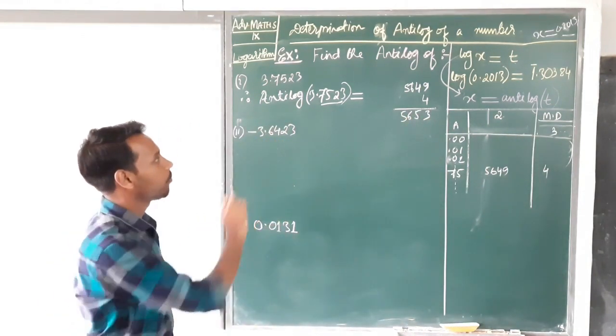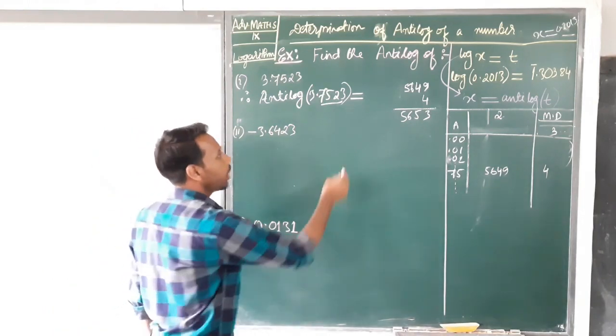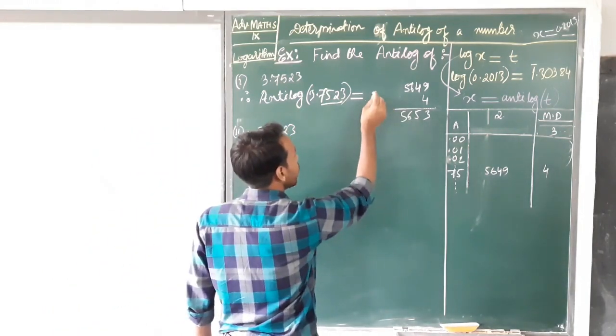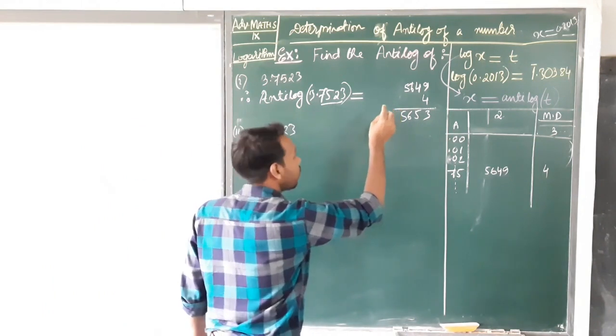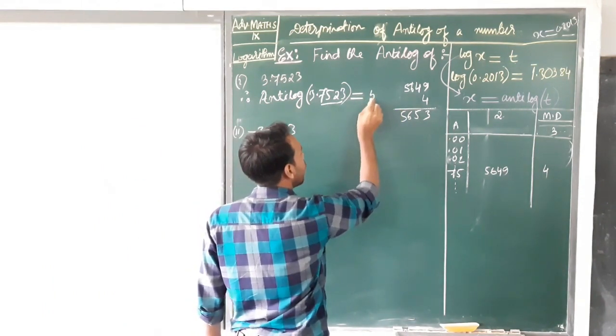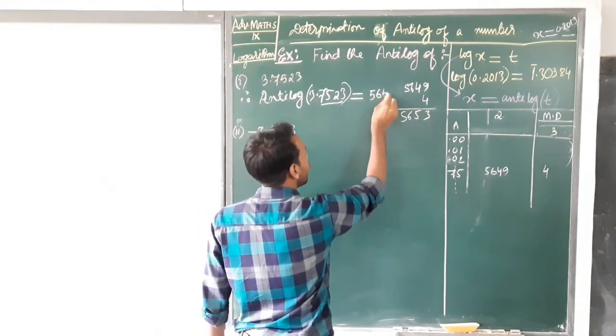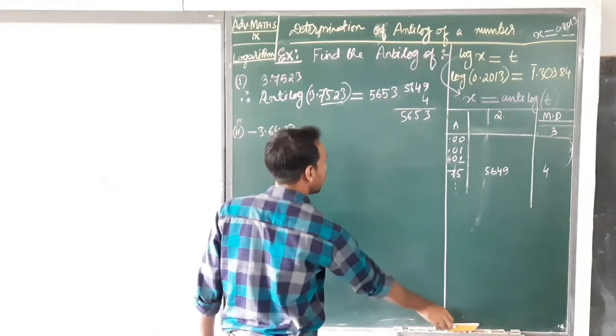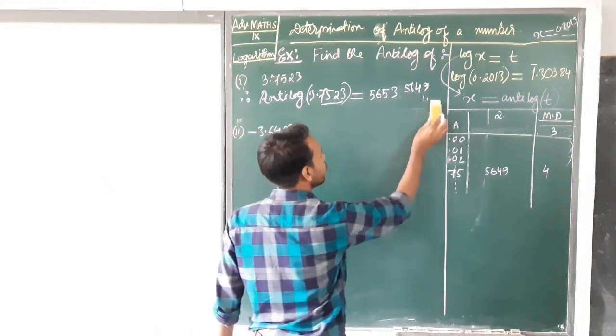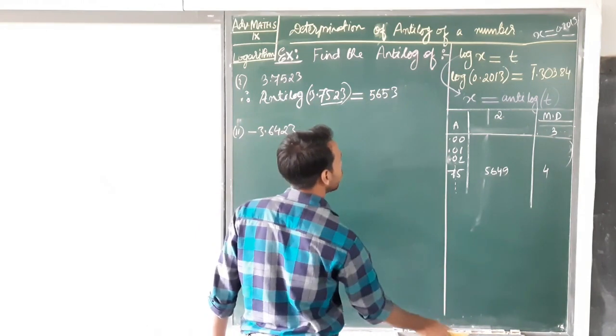Okay, so this is the value you get by using antilog table. Alright, so you will write here 5, 6, 5, 3. Okay, now since it is added already, let us do this one.